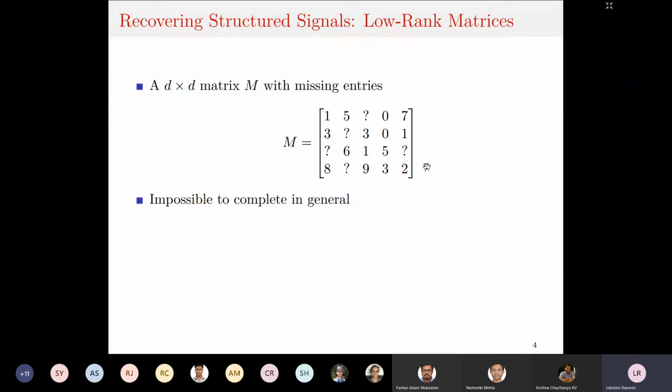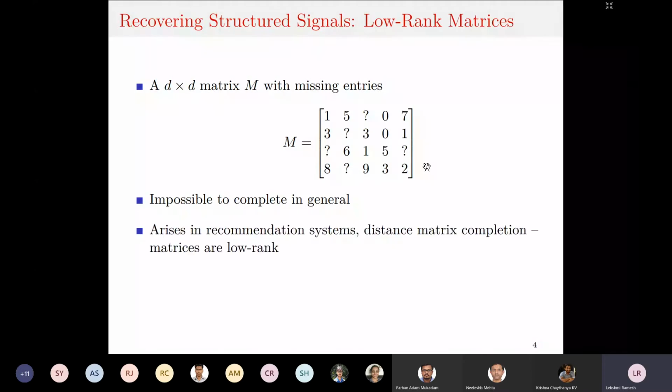So the underlying assumption is that although there are several users here, not all of them will have very distinct behavior. In the sense that users usually fall into groups, and there is a low rank structure to this matrix. Right. So the problem becomes to complete this matrix under the assumption that it is a low rank matrix.